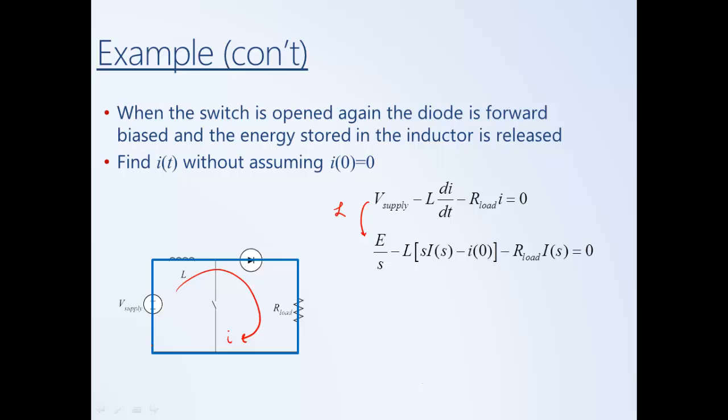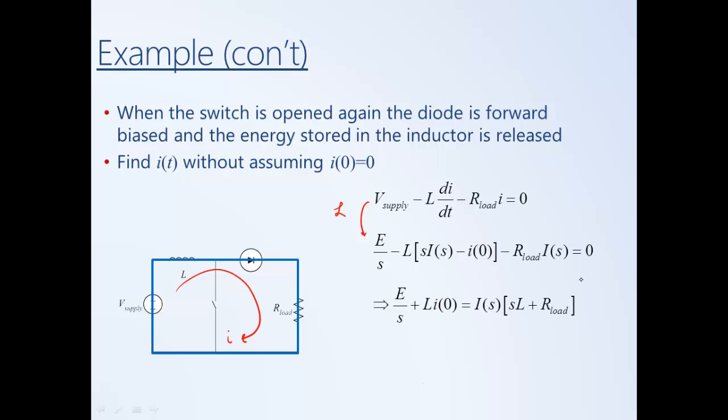Once we've taken the Laplace transform, the next step is to solve for I of S. So we've got two terms with I of s. We have this term, we have this term. This negative sign will become positive if we add R load times I of s to the right hand side. If I distribute this negative L, I'll have negative L times S times I of s. That again becomes positive when I move it to the right hand side.